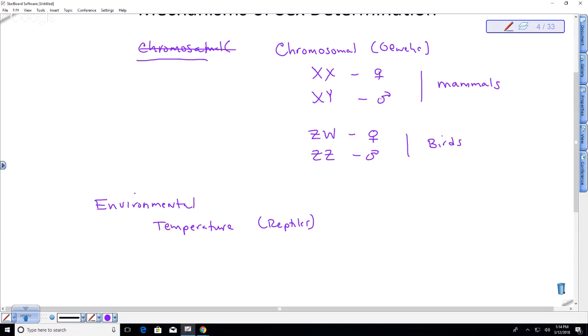So if the incubation temperature is high, like it would be in the middle of a nest of eggs, then they could become a female. And if the incubation temp is low, then they become males.